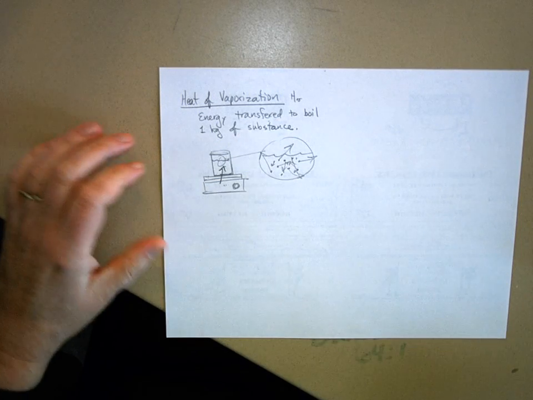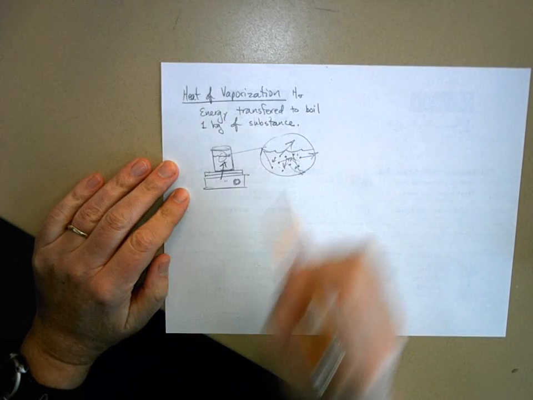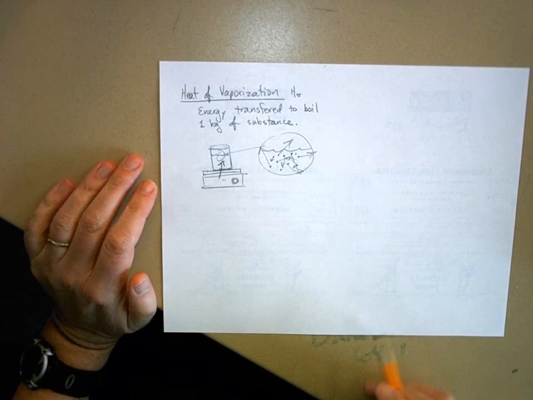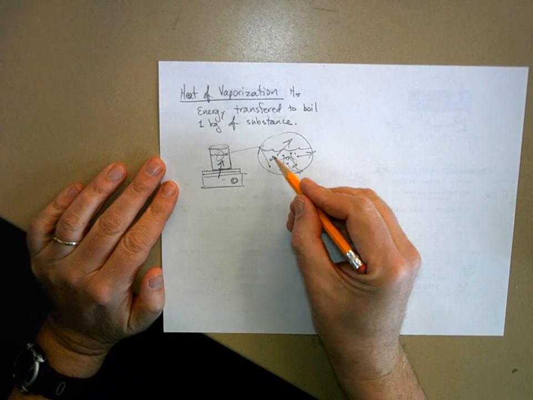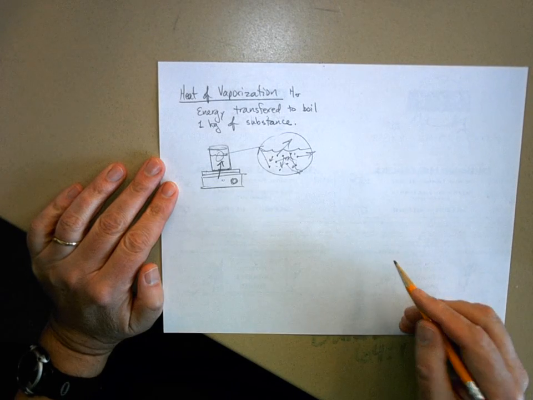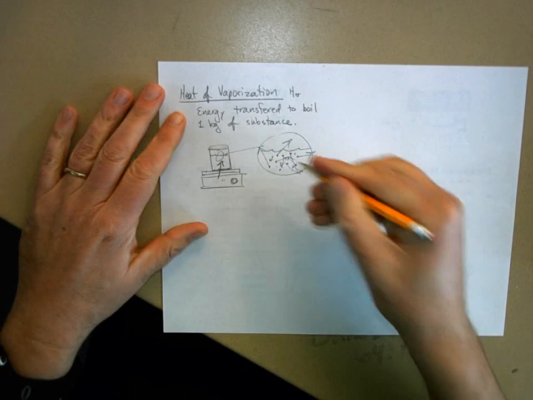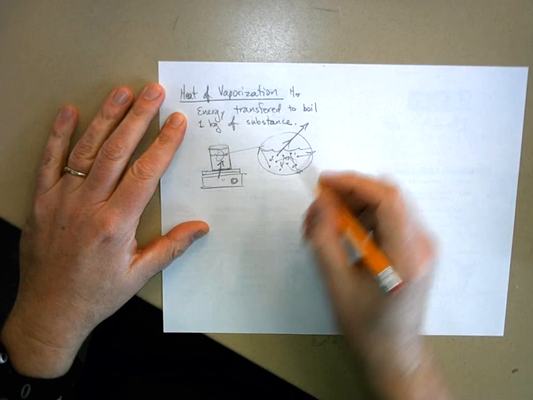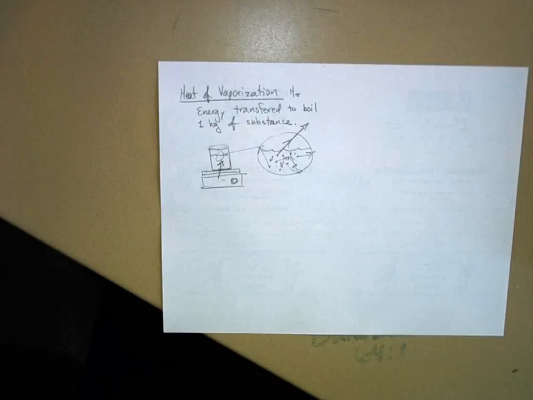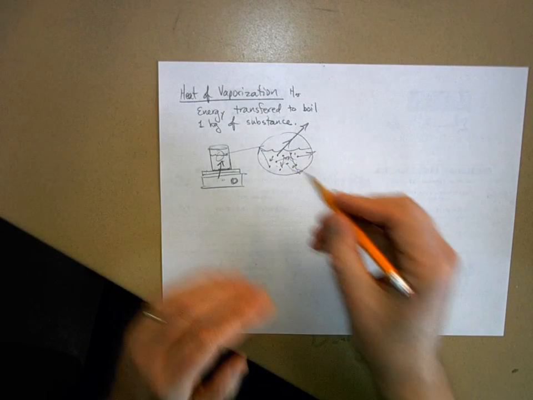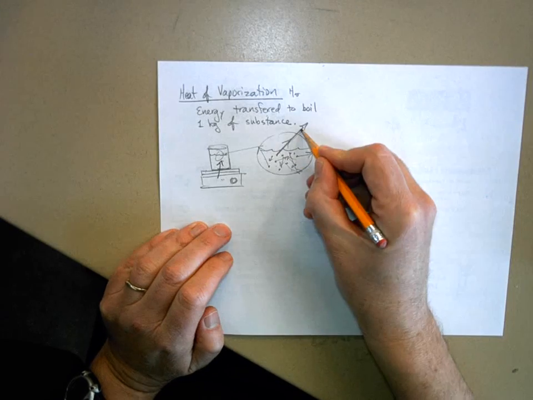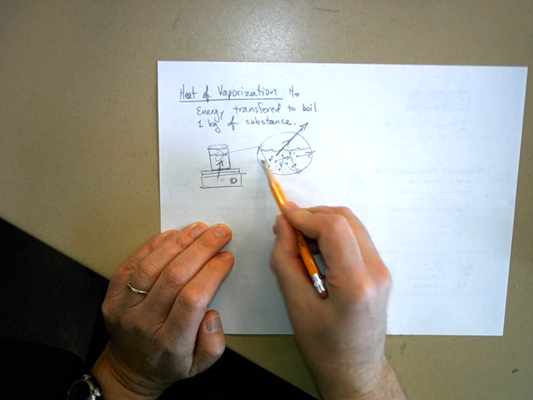So these molecules are moving as fast as they can move and still be stuck together. But every once in a while, one of them hits another one and gives it that extra jolt that it needs to, boom, take off into the environment. Now, that was a really fast-moving one that left, leaving the average a little tiny bit lower.